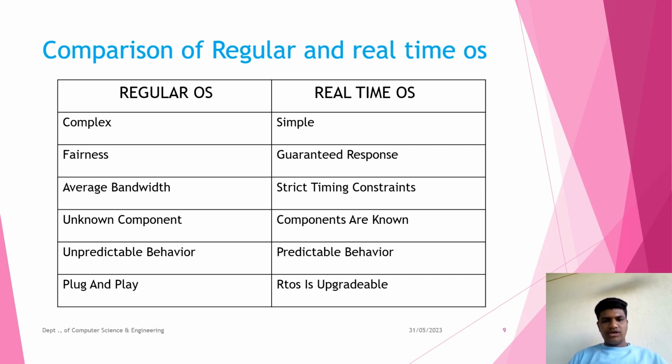In a real-time operating system, strict timing constraints are provided. The components are unknown in a regular operating system. Components are known in a real-time operating system. The behavior of a regular operating system is unpredictable. The behavior of a real-time operating system is predictable. The regular operating system is plug and play. A real-time operating system is upgradable.